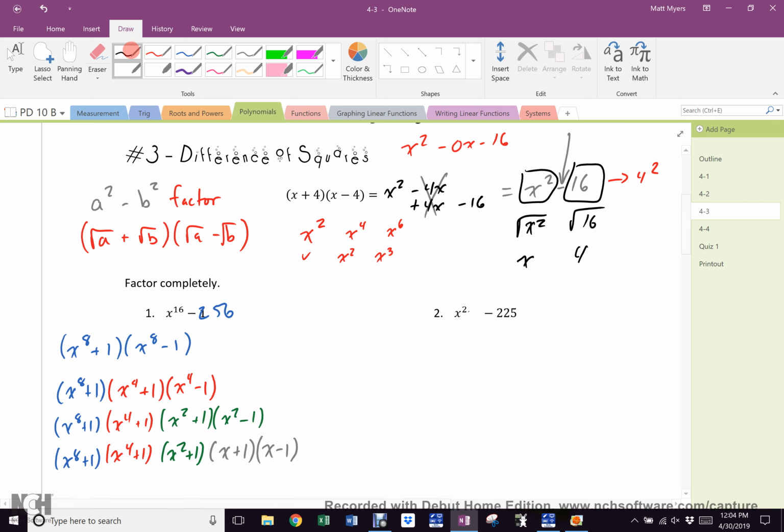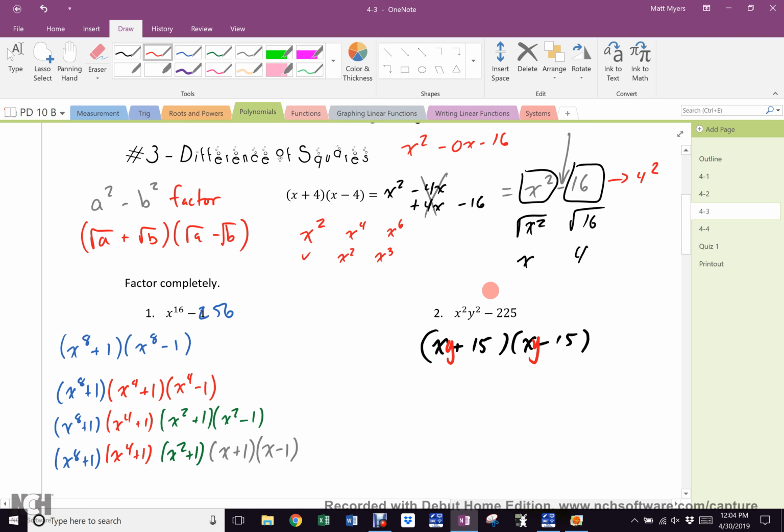What would it be? x plus 15 and x minus 15, correct? Okay. If it looked like this, what would it be? y plus 15 and y minus 15. So that's the answer.